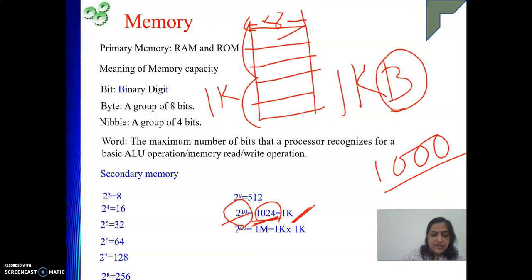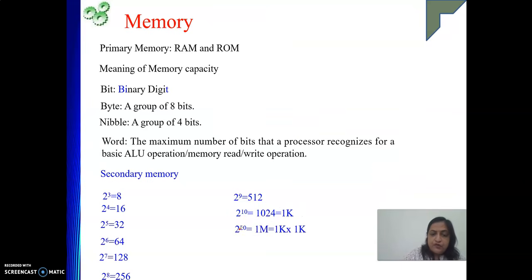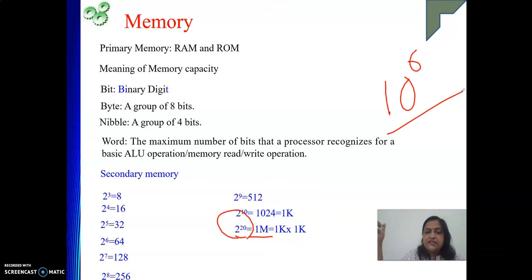Then next is 2 to the power 20. 2 to the power 20 is what? 1 mega. Mega means 2 to the power 20. So 2 to the power 20, in powers of 10, is actually 10 to the power 6. Just to make the analogy with our traditional system, the mega word is there, kilo word is there, right?